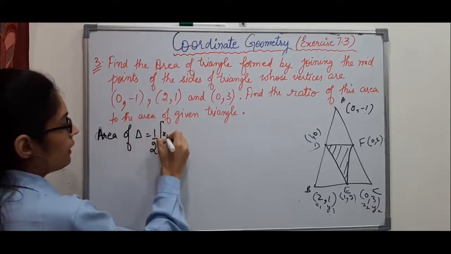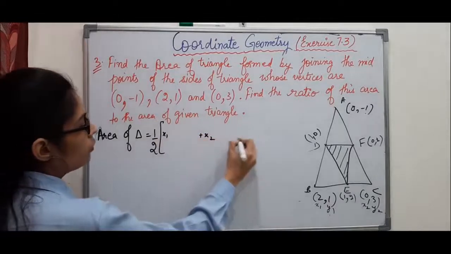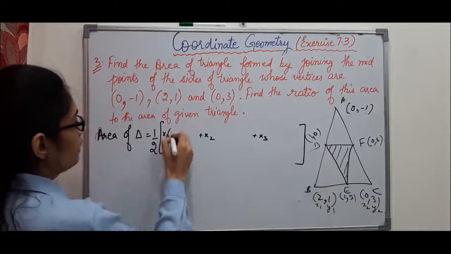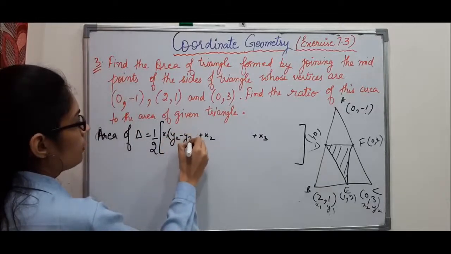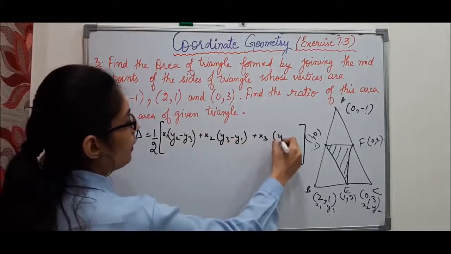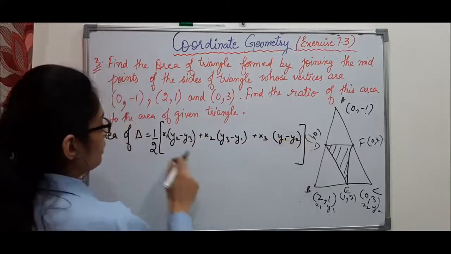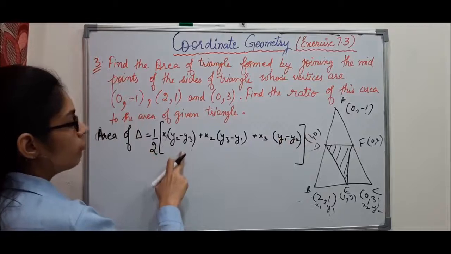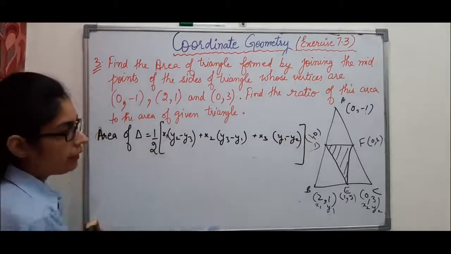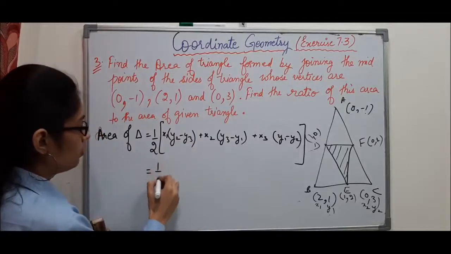So first we will write x1 plus x2 plus x3. Afterwards remaining values we can write y2 minus y3, y3 minus y1 and y1 minus y2. See, if 1 is there in y, we have to leave 1. If 2 is there in y, we have to leave 2. In that way, I want you to remember this formula.